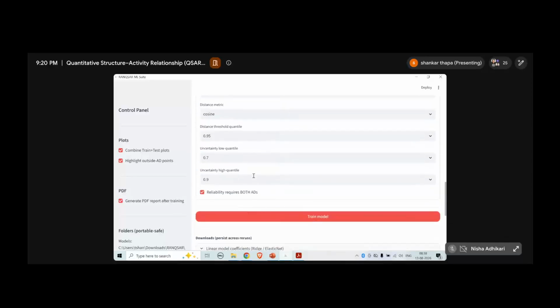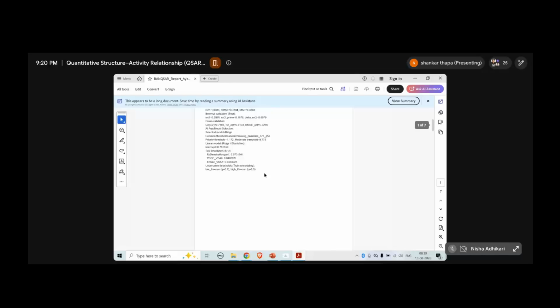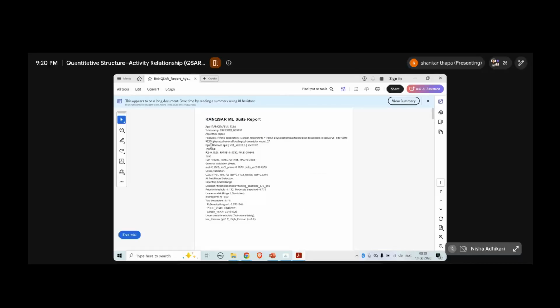So you have to do hit and trial until you are getting the best models. Now you have to go through all these things.